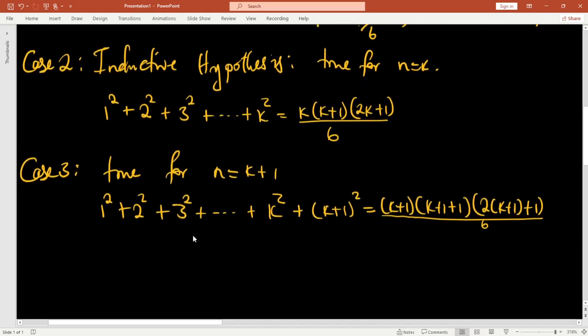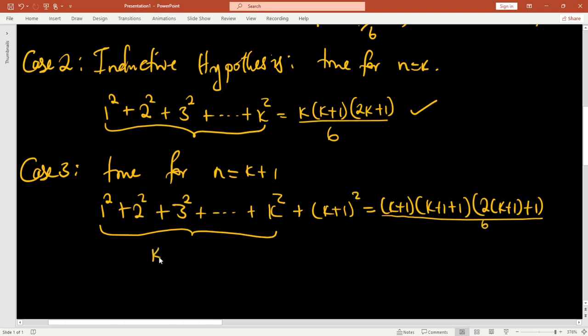Now, when you look at these terms here, starting from the first term that you have here, all the way up to the k term, this gives you the left hand side of the inductive hypothesis here. So where are these terms here? We're just going to substitute with what we have on the right hand side.